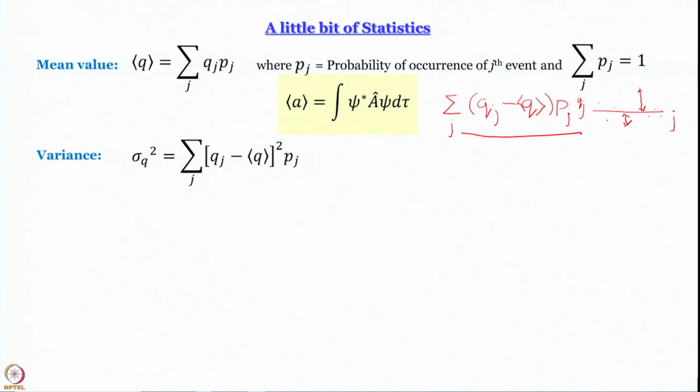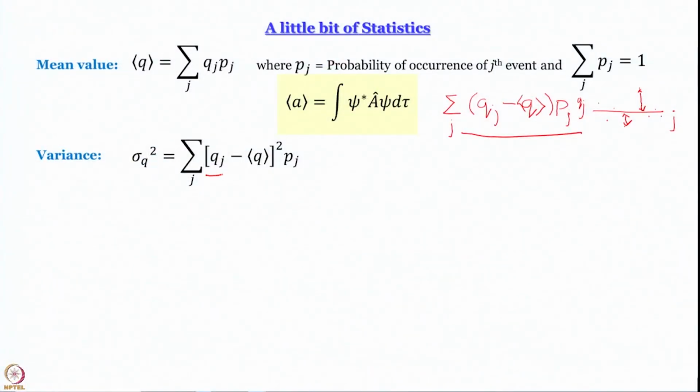That summation is going to be 0 for all such measurements provided we have performed a large number of measurements. So, it is useless. That is why we work with the square of it. How does it help if I make a square of it? This negative quantity, its square will also be positive, this will be positive, this one will also be positive.